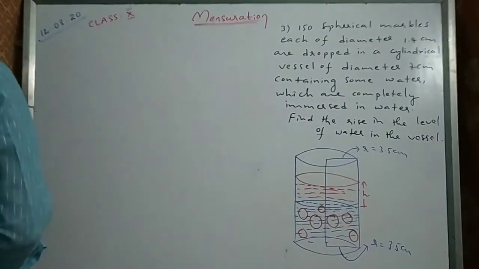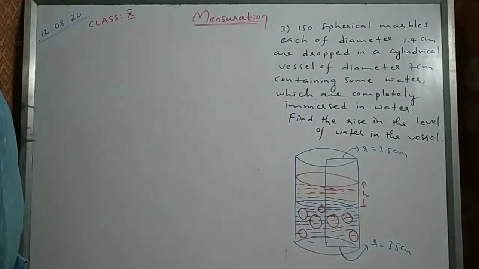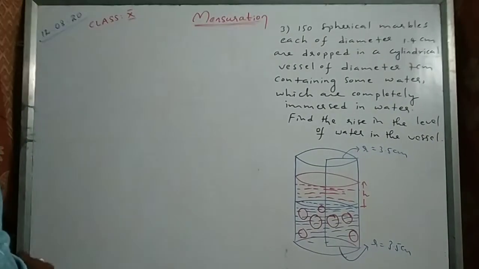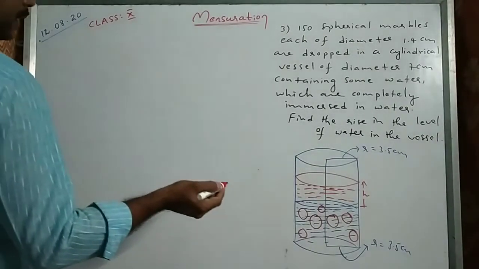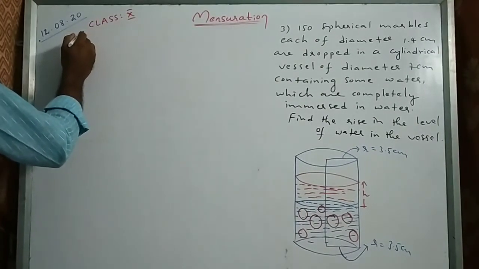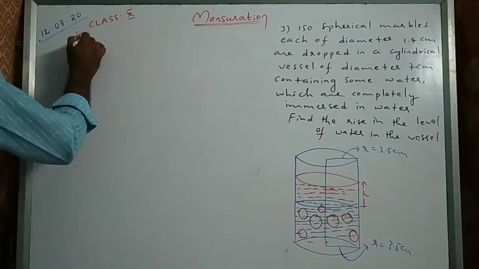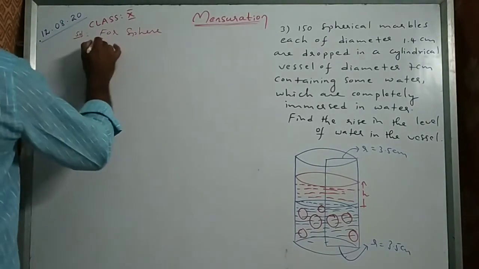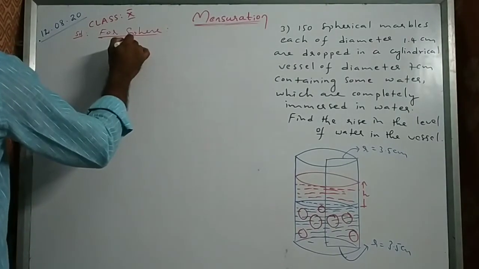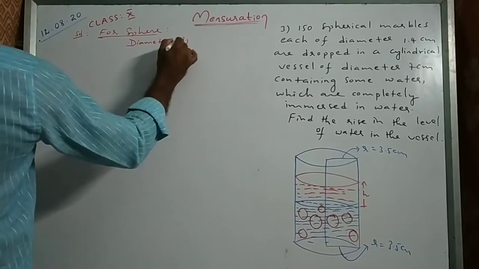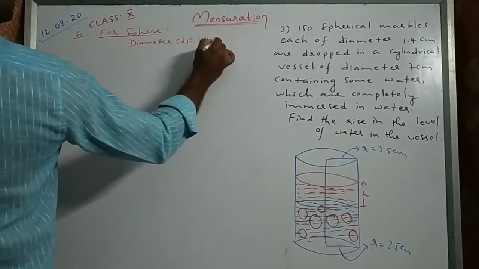So, two formulas we are going to use here: volume of sphere and volume of cylinder. For a spherical marble, what is the diameter? Diameter is given, d equal to 1.4 cm.